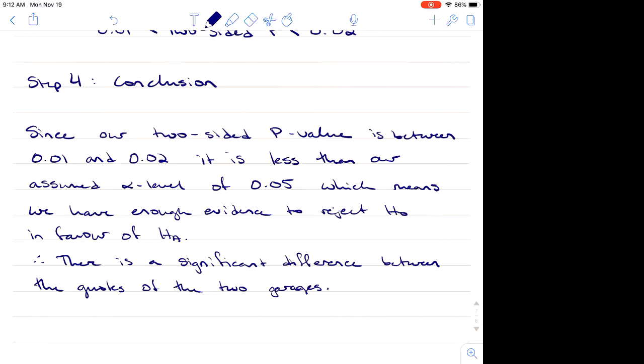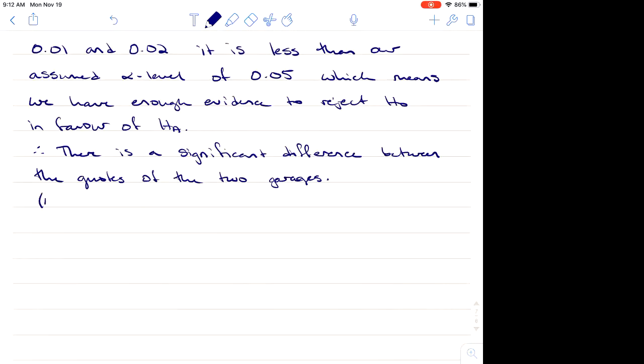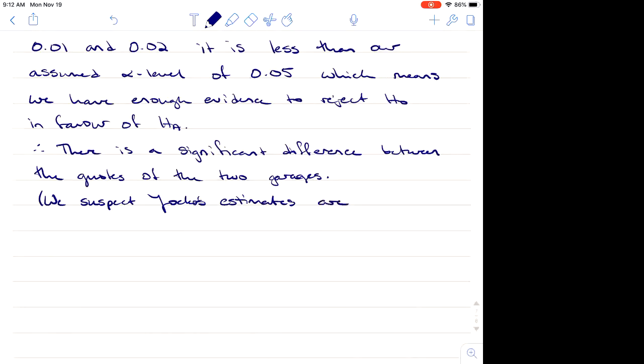But this is all we can say with certainty. We can add, though, we suspect Jocko's estimates are higher than the other garage.